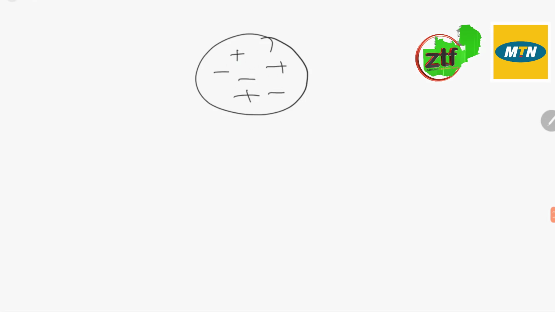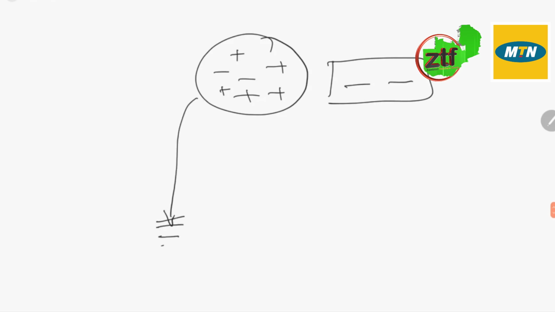But the presence of the negative charge causes these electrons to be repelled to the earth. When these electrons are repelled to the earth, the sphere remains positively charged.